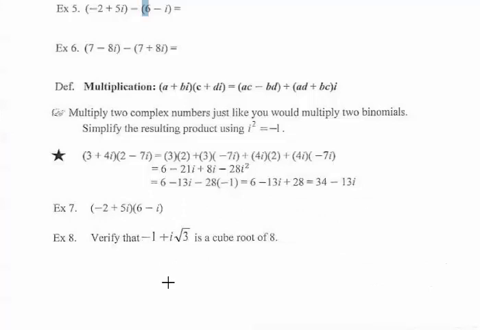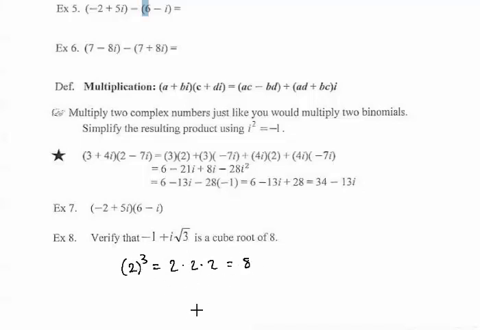Alright, example 8 wants us to verify that -1 plus i square root of 3 is a cube root of 8. Alright, so in other words, we said earlier, if we cube a 2, then we get 2 times 2 times 2, and that equals 8.